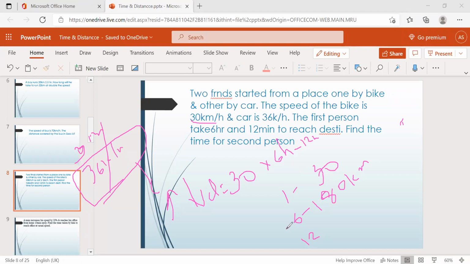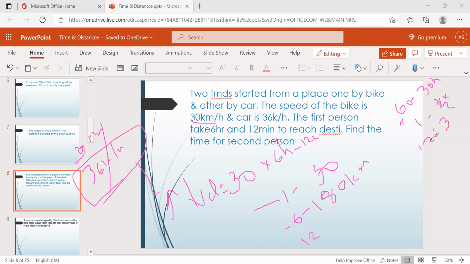For 12 minutes: 60 minutes is 30 kilometers, so 1 minute is 1 by 2 kilometer.